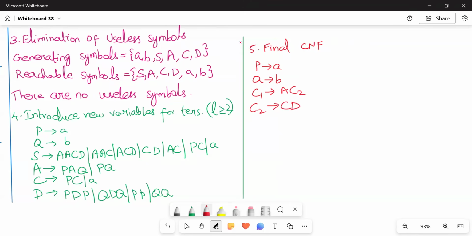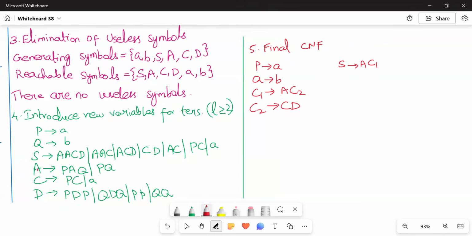So I can write S tends to A C1. So what is C1? A C2. So what is C2? CD. So the meaning is S tends to AACD only, but we have split it like this. So all the productions contain only two variables.